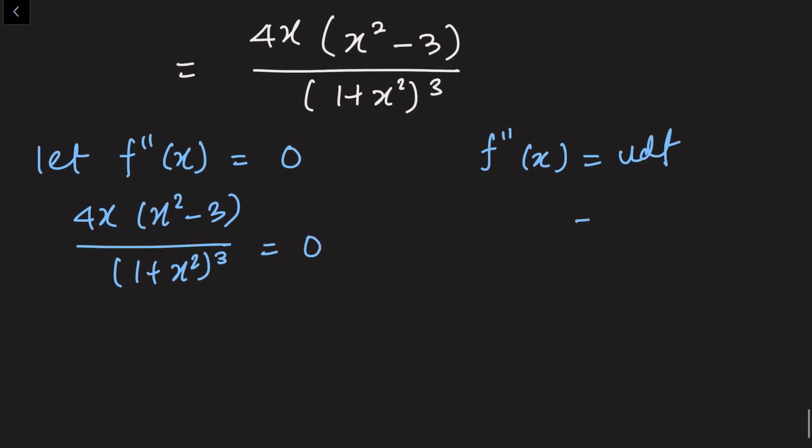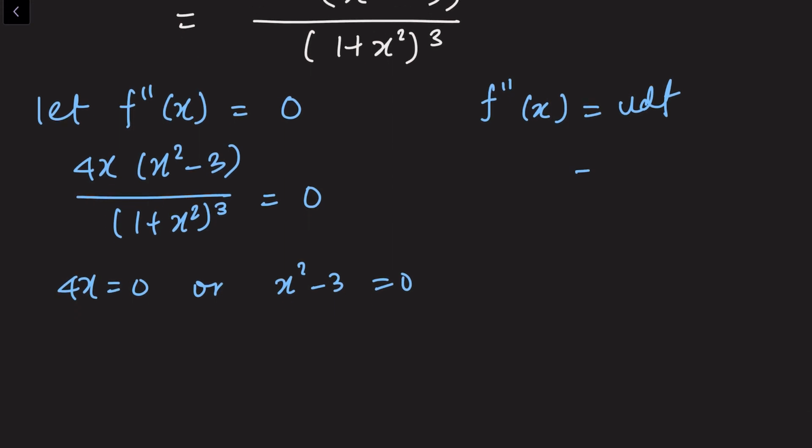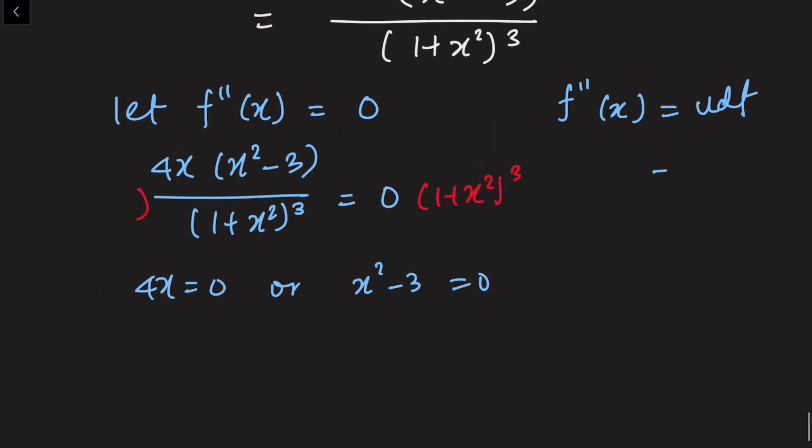So 4x equals 0 or x squared minus 3 equals 0 by the principle of zero products. And again, we are multiplying both sides by 1 plus x squared cubed, so that we can get rid of this. And 0 times anything is still 0.